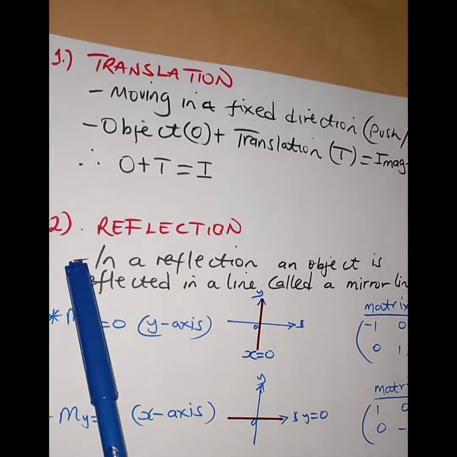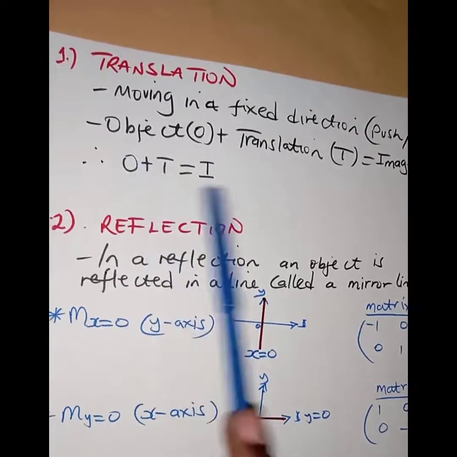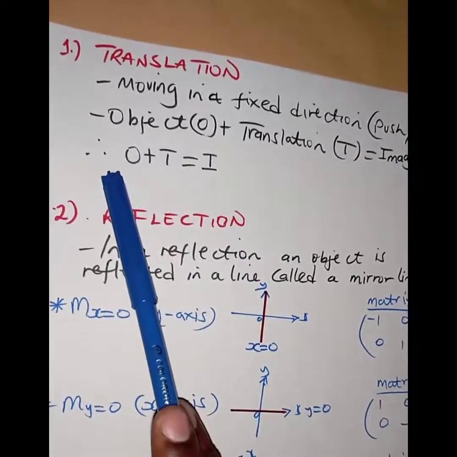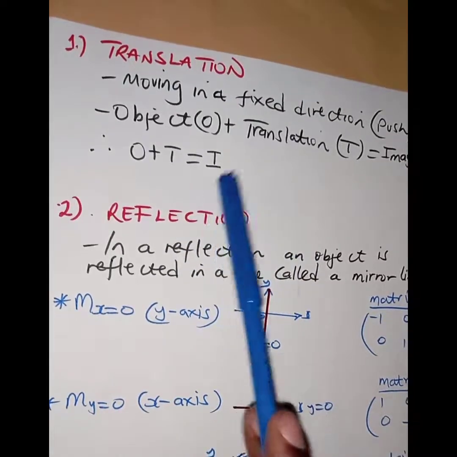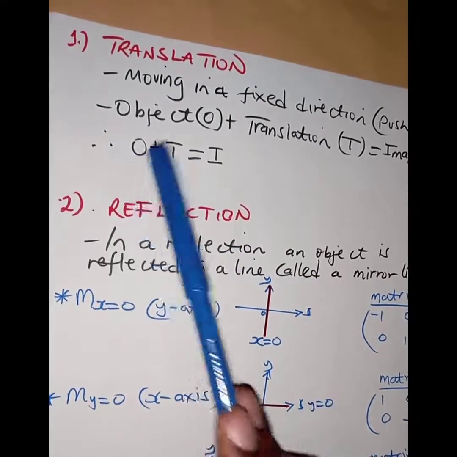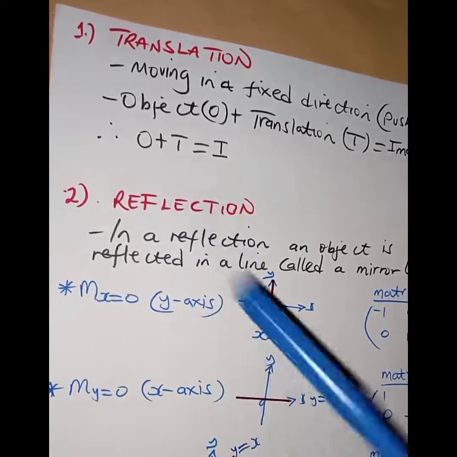For this formula, we can find the object when translation and image are given, or we can find the image when object and translation are given. Look out for more videos on this.